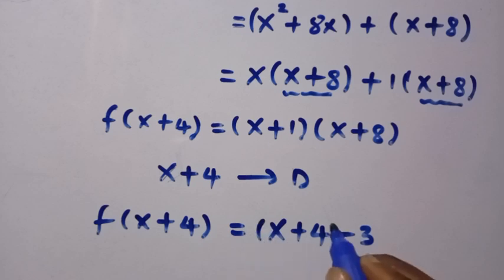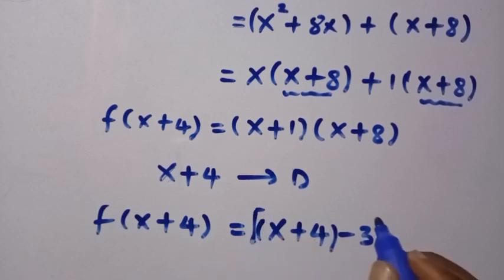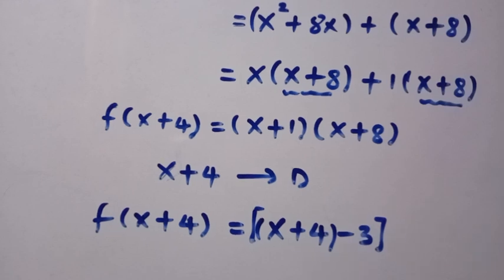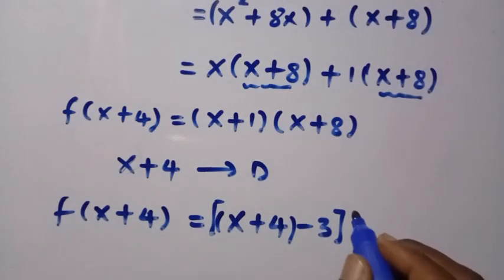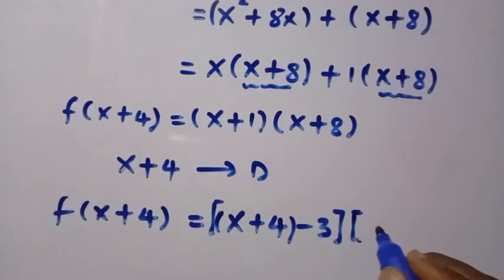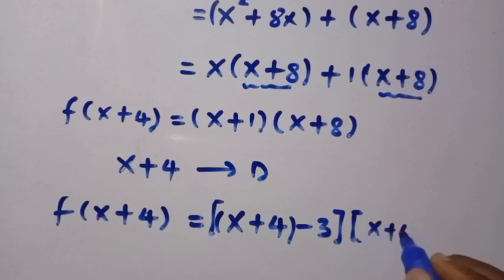Then we bracket this and put everything in a larger bracket. And also for x plus 8, we have to extract x plus 4 from it, so we have plus 4 outside.